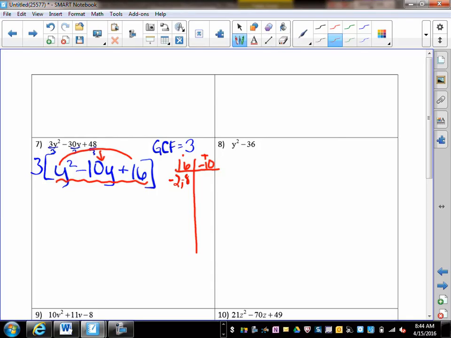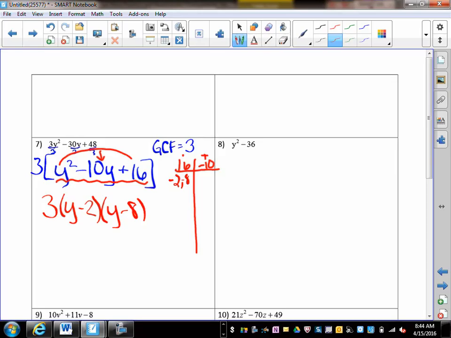So what would we get? Y minus 2, y minus 8, using the shortcut. And remember, your GCF is still hanging out in front. He always comes along for the ride. So you stick him in front, and then you're done.